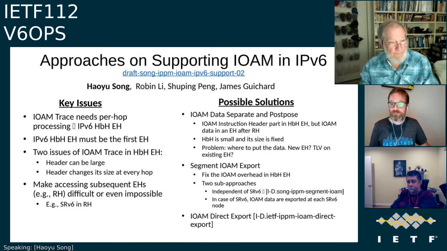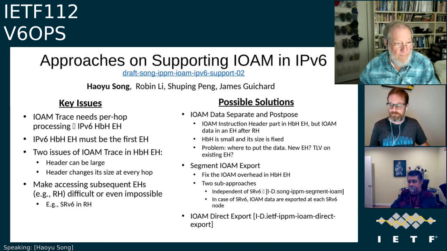Also, since the overhead is very large, it can make it very difficult to access the subsequent extension headers because many routers have a hardware limitation on the header buffer size. So if this overhead is too large, that can make the later headers inaccessible. Especially for use cases like SRv6, the SRH located in the routing header is behind this HBH header, and that will be a problem.